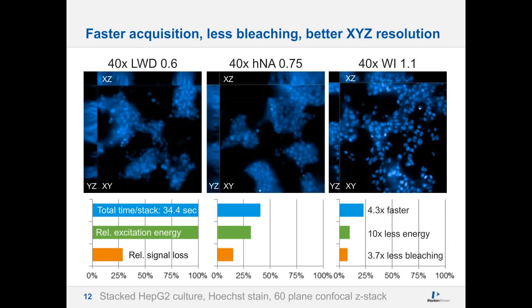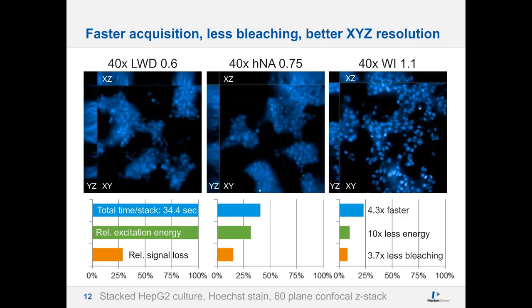It took us 34 seconds to acquire the stack of 60 planes. We had to excite at very high power for a significant amount of time, and when we compared one plane before and after acquiring the stack, the signal was 27% lower, so a significant amount of bleaching had occurred.